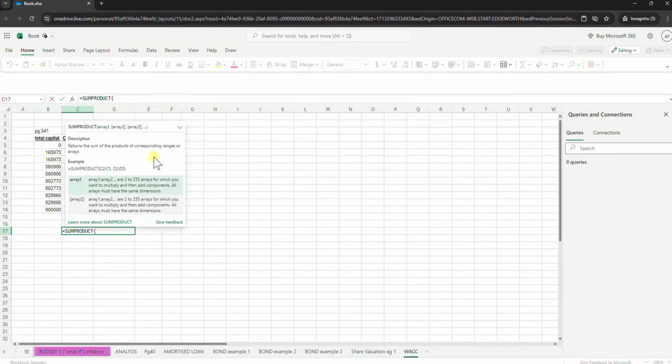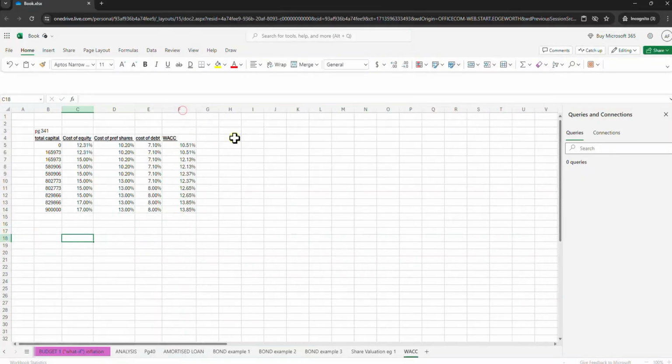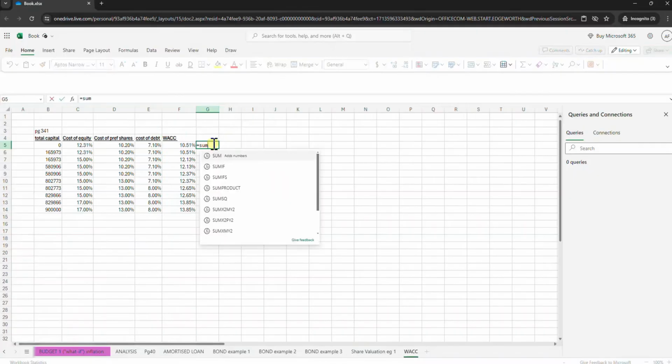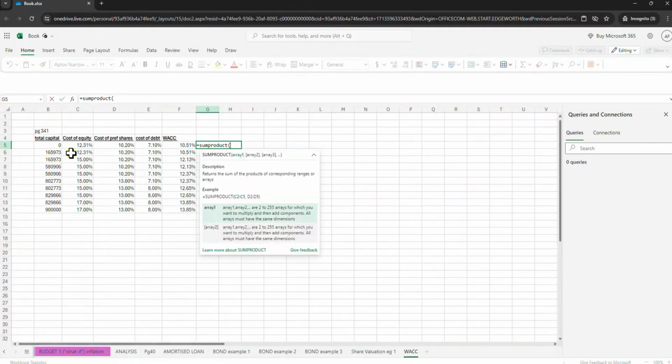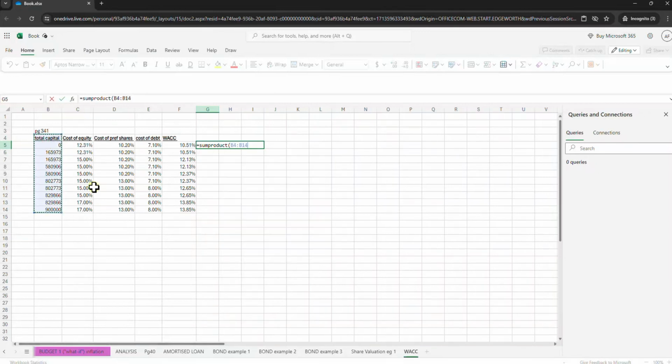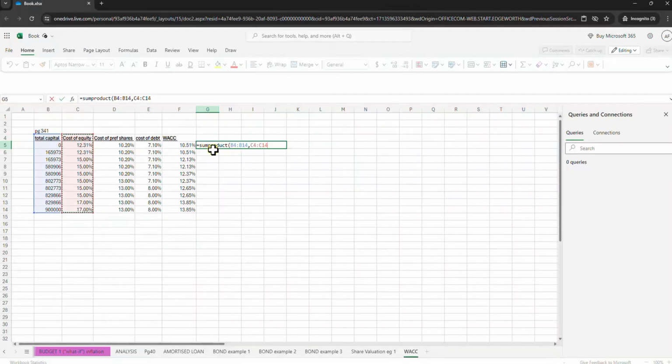This will actually calculate the WACC then. SUMPRODUCT, bracket, array 1, array 2, 3, 4. I'm going to highlight with the titles as well.